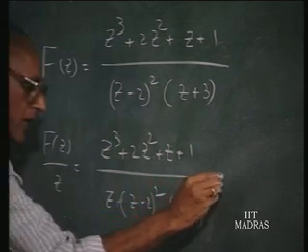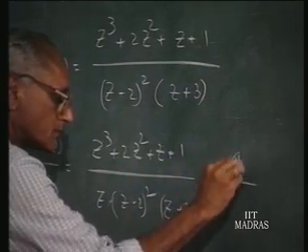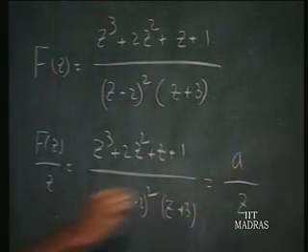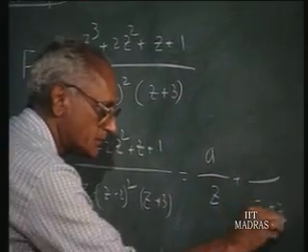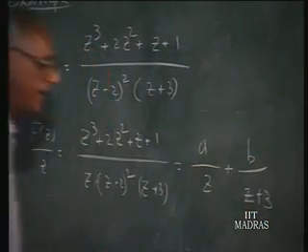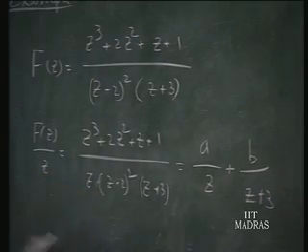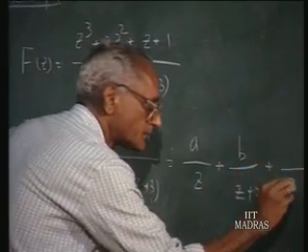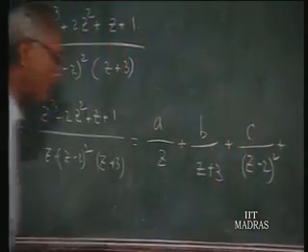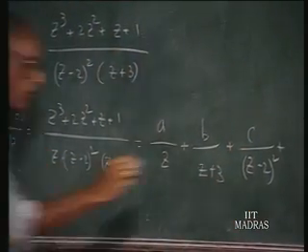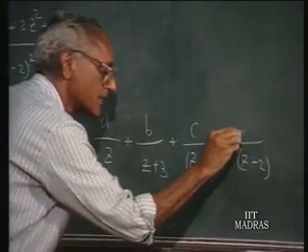So you have the partial fraction expansion: A upon z, plus, corresponding to z plus 3, a term, let us say B, and then corresponding to (z minus 2) whole square you have a C, but since (z minus 2) whole square is involved, you have two terms, z minus 2 and (z minus 2) whole square, let us call this D.